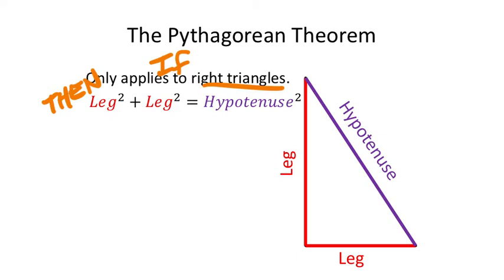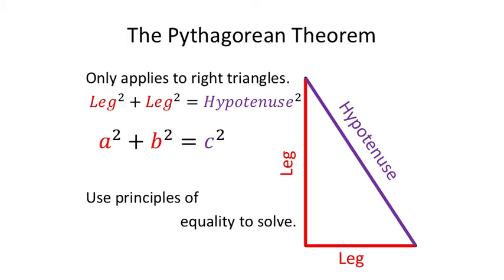And if we really wanted to go the distance to make this abstract and sound really nerdy, because if you said leg squared plus leg squared, people would be like, what are you talking about? But the moment you make this a squared plus b squared equals c squared, they're like, oh, now it's Einstein kind of stuff, you know what I'm saying? But it's just leg squared plus leg squared equals hypotenuse squared. That's really the way that I like to look at it.